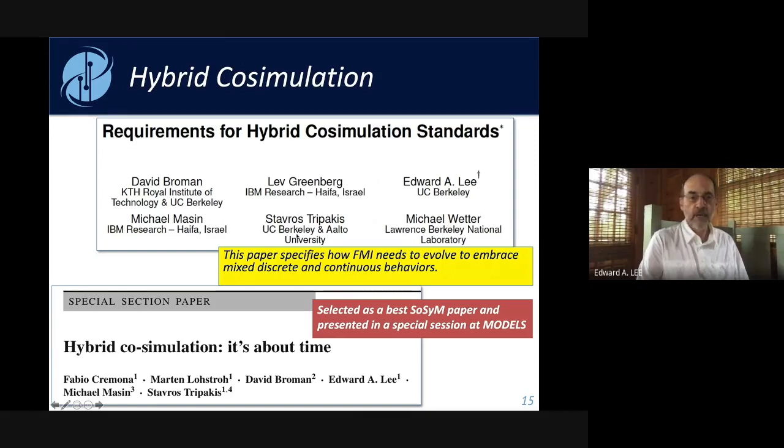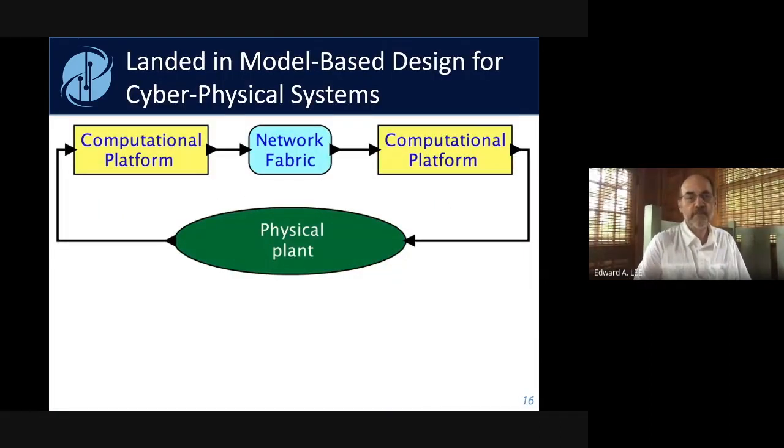It was done jointly with people from IBM and Berkeley, and KTH, although Broman was at Berkeley when he was doing most of this work. But nevertheless, this paper talks in some depth about the principles behind really rigorous hybrid co-simulation.